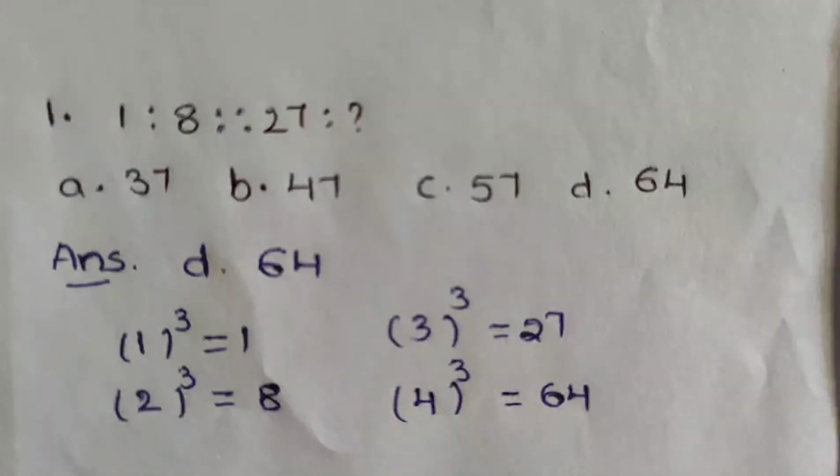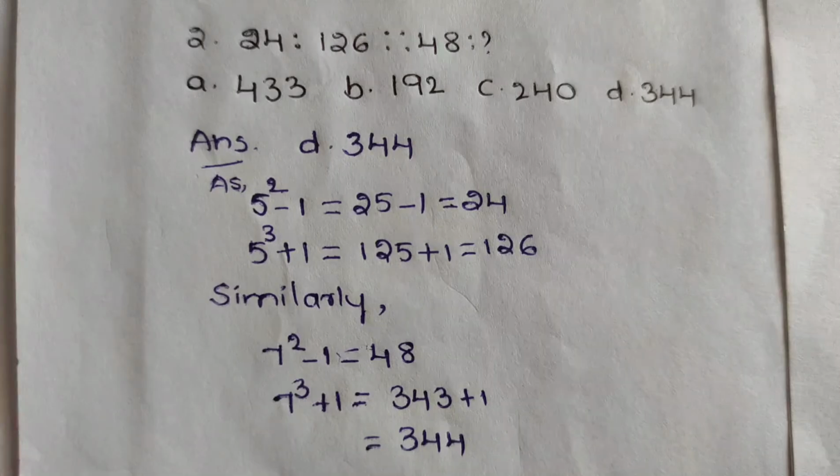And the second question is 24 is to 126. Similarly, 48 is to what? This one also, we first have to find out the relation the first part carries, and with the help of that relation we can solve the second part.